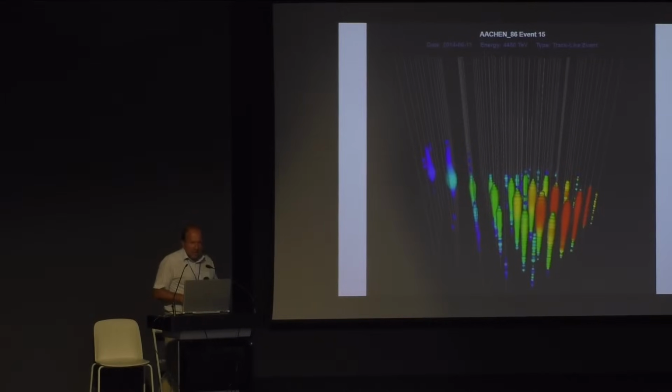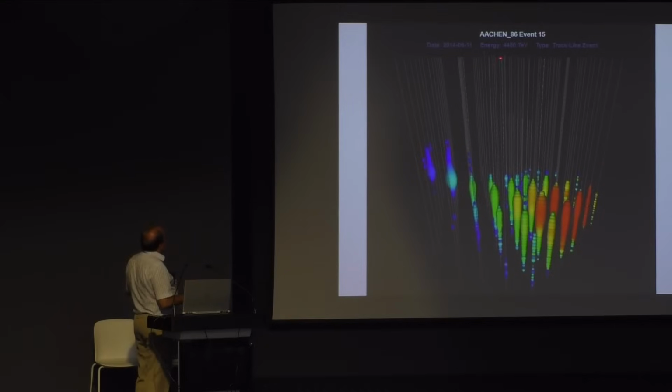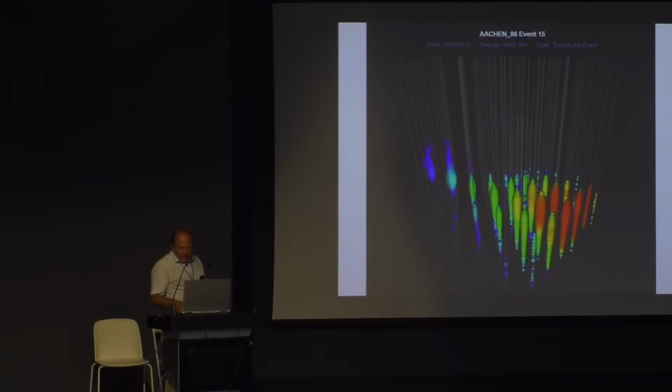These are some examples. You see, this is 4,450 TeV. It's a very, very high energetic event. Remember, 14 TeV is the maximum energy that we can give to the particles when we are creating collisions at CERN.